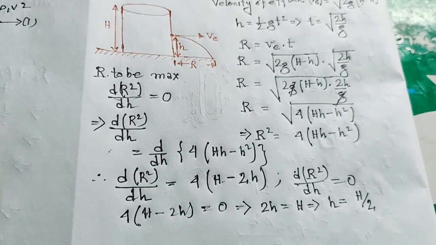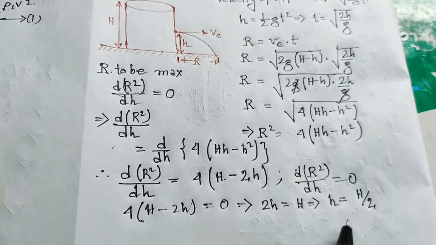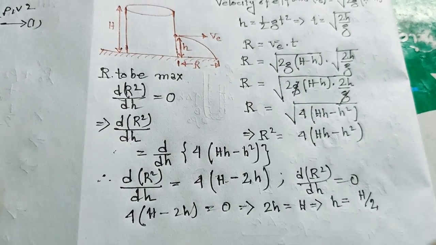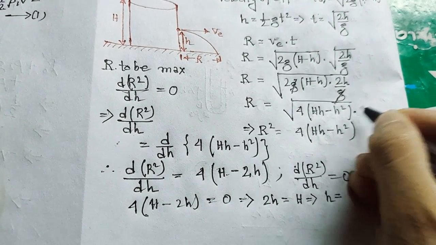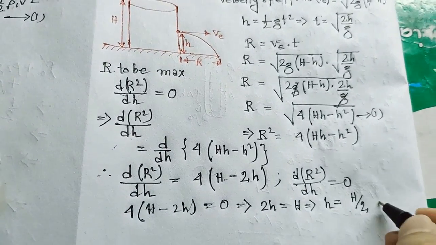Now we'll substitute the value of small h in this equation. Let this be our equation number 1, and this be our equation number 2.